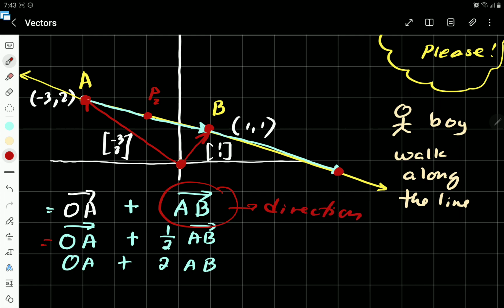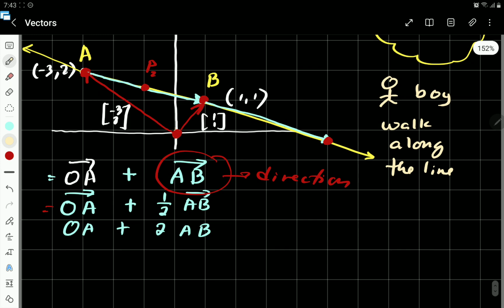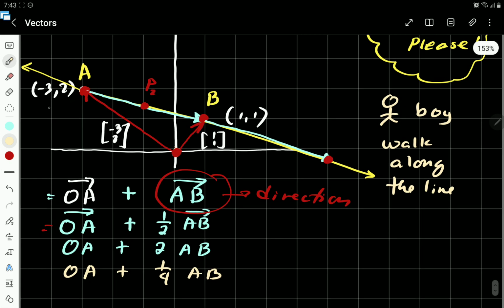So let's say, for example, he says, what if I walk only 1/4 of AB? So OA plus 1/4 of AB. Again, he will land in this part. Let's say that is not point 4 because this is your point 3.